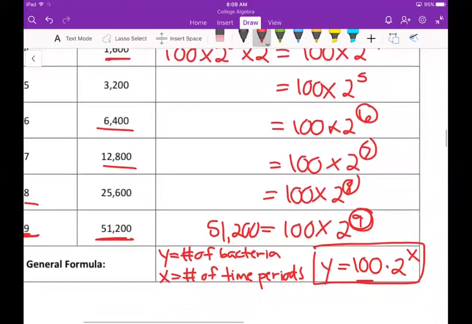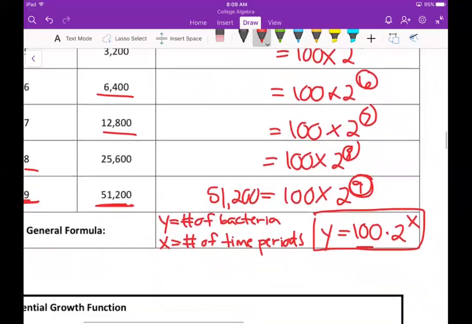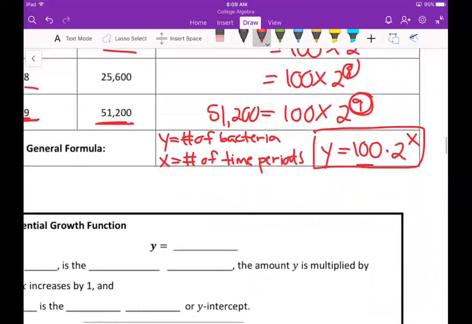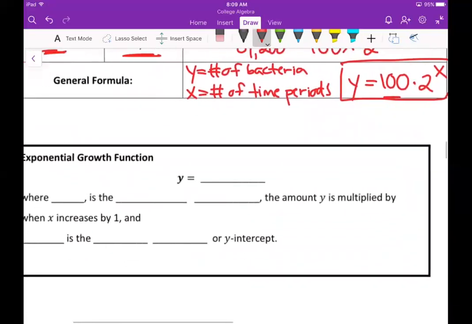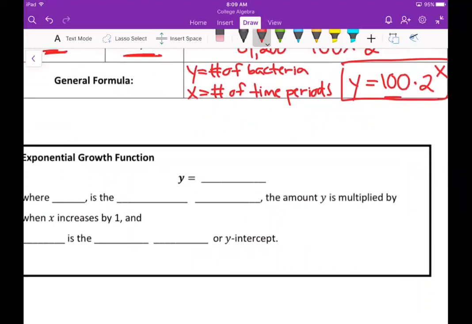We have a standard form for exponential growth, just like we had a standard form for linear growth. Our standard form is going to be, we have some number taken times a base to an exponent. And this is where A is called the growth factor.